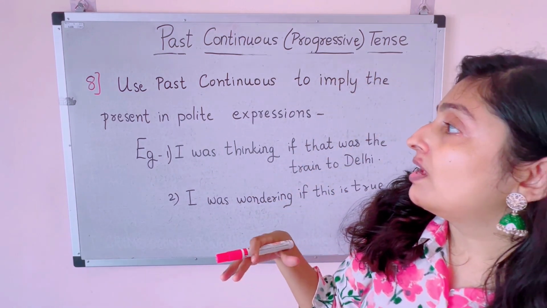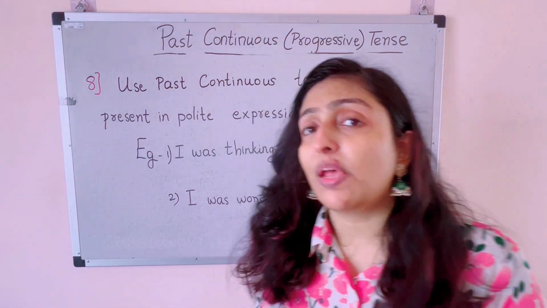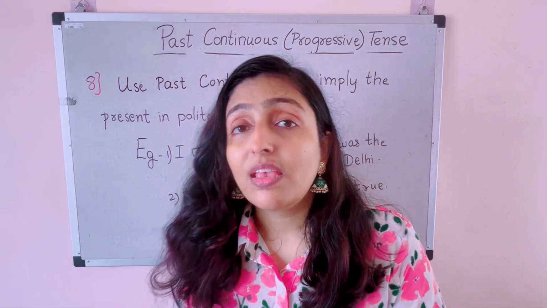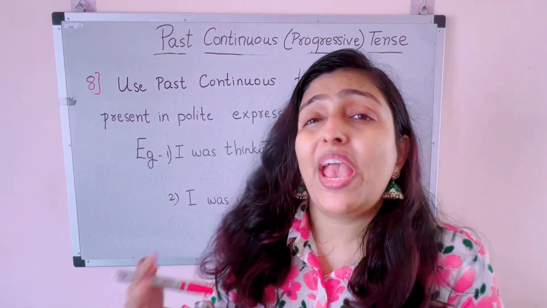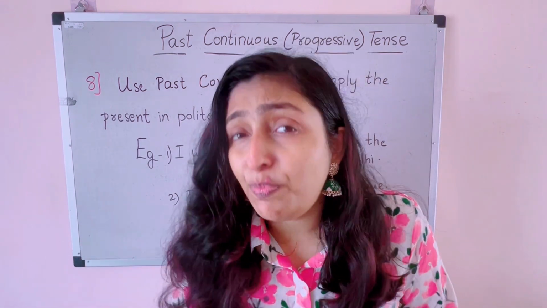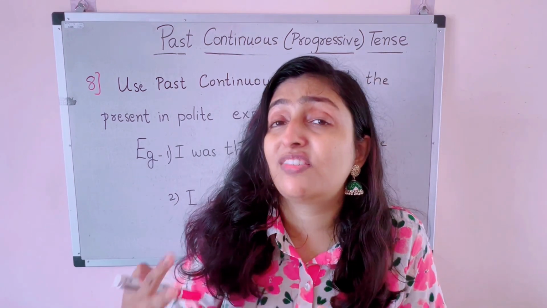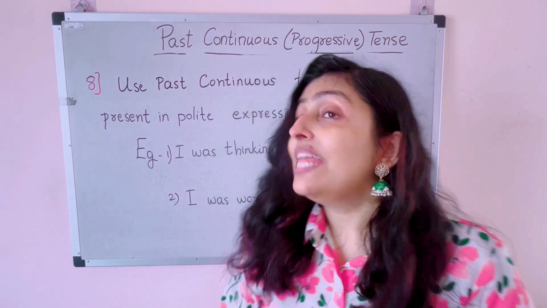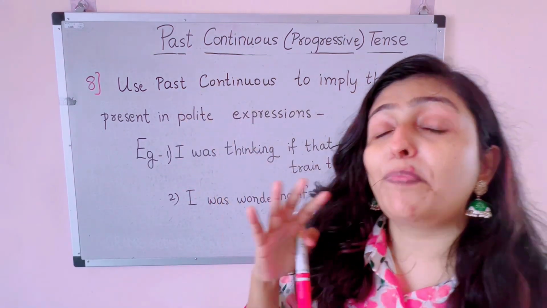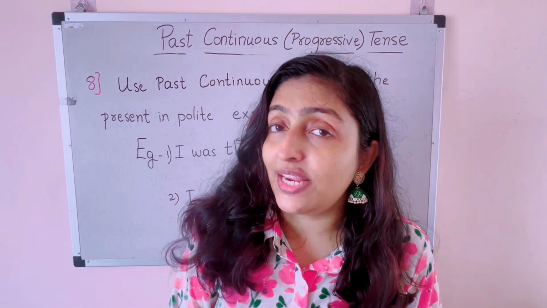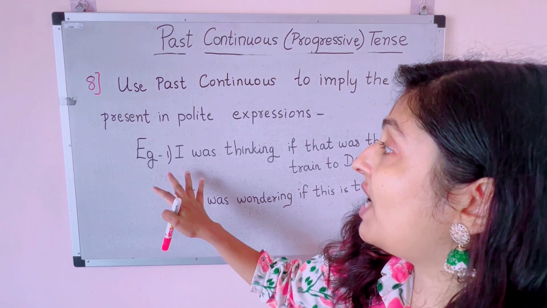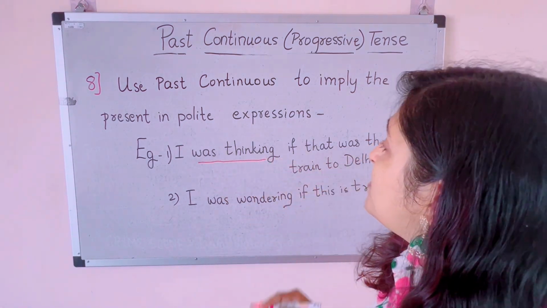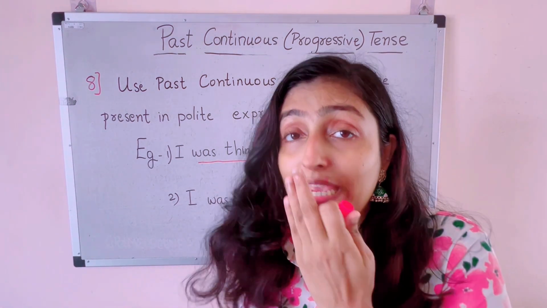Whenever you want to say something politely in a humble way, or when you want to express your opinion, your personal suggestion, what is happening in your mind, then you can use past continuous tense. Let's have a look at the example. I was thinking if that was the train to Delhi.